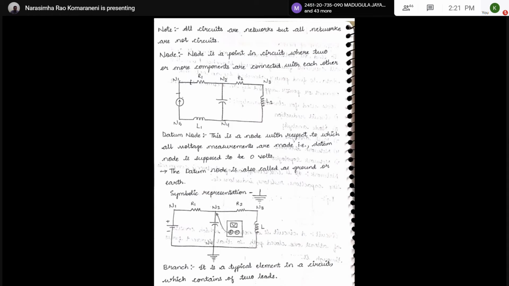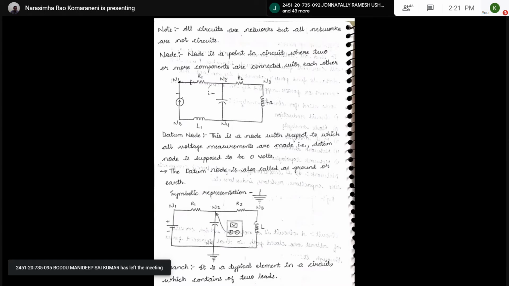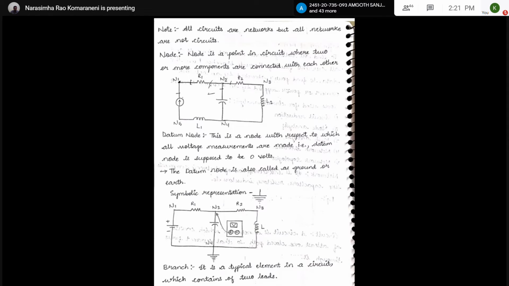This point we can call a node point. Similarly, the other end of R1, R2 and the capacitance end are connected here, so this point is another node. So this is node 1, node 2.